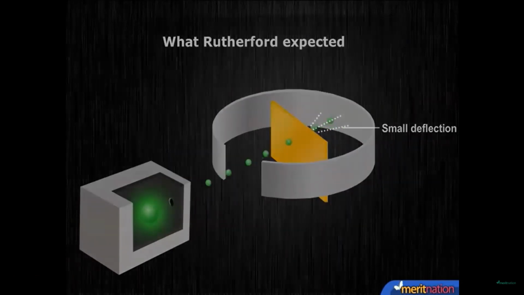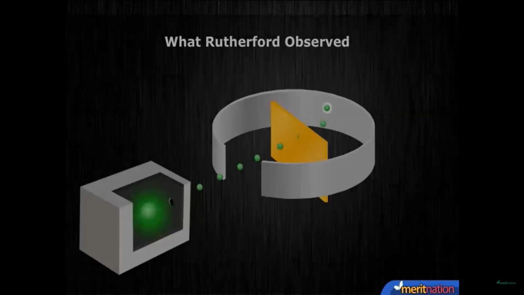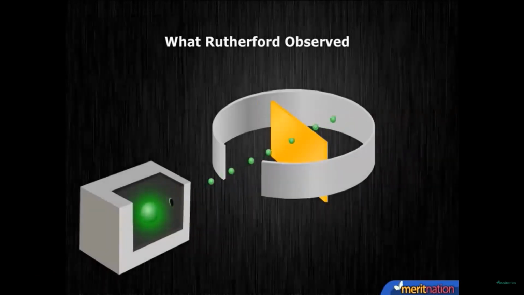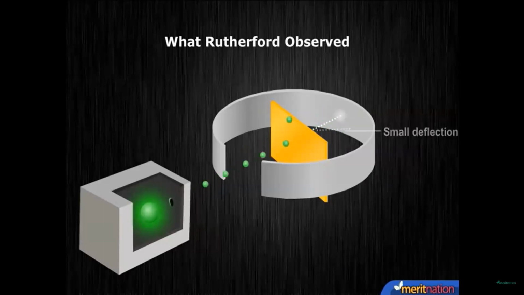However, Rutherford got totally contrasting results. From his experiment, he made the following observations. First, most of the fast-moving alpha particles passed straight through the gold foil. Second, some alpha particles were deflected by small angles. Third, some alpha particles were deflected by large angles. In rare cases, an alpha particle got deflected by an angle of 180 degrees.